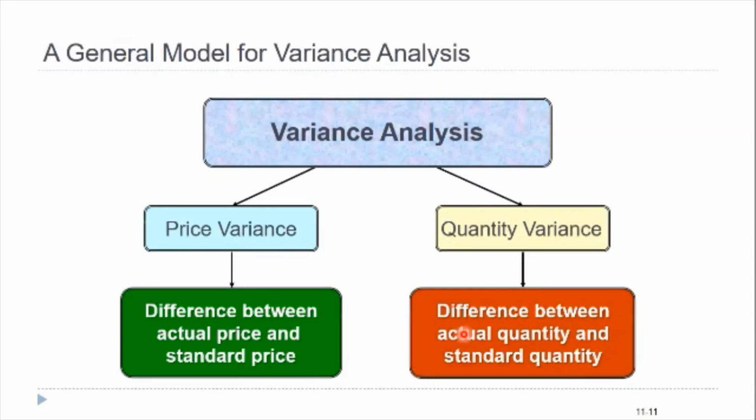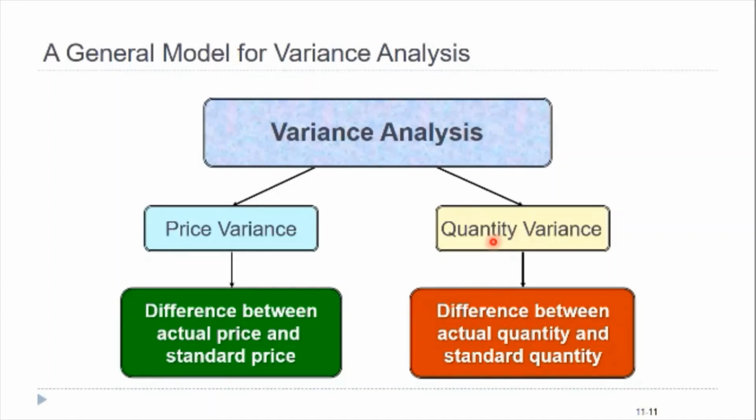And the general model for variance analysis is price variance, quantity variance. Okay, this is the difference between the actual price and the standard price. If the actual price is greater than the standard price, then you have an unfavorable, or sometimes they call it an adverse, variance. Okay, if it's the other way around and the standard price is greater than the actual price, it means you have a favorable variance.